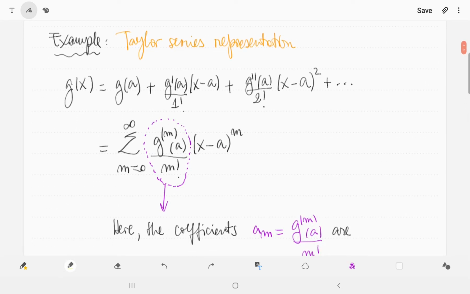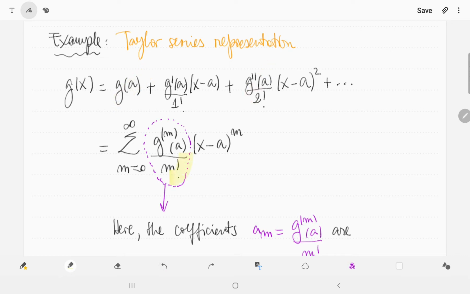I don't know if you remember, but given a function g smooth enough and a point a, depending on how differentiable the function g is, we can compute the Taylor series representation, which is given by this expression: g at a, then the first derivative divided by 1 factorial, and so on and so on.